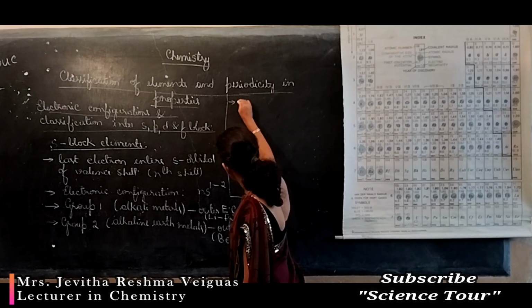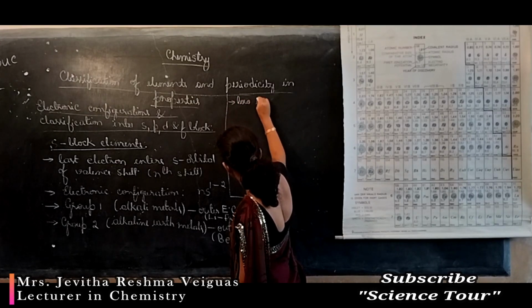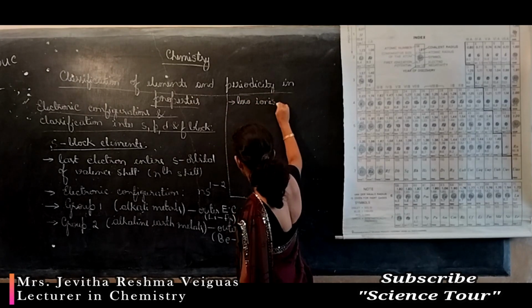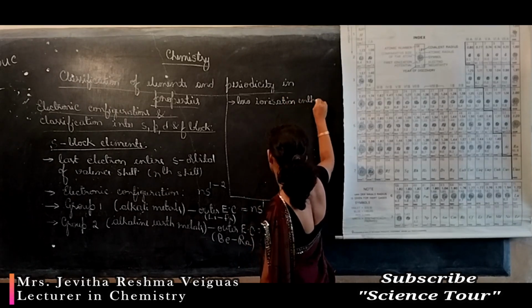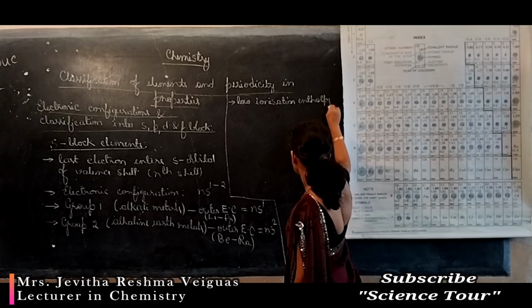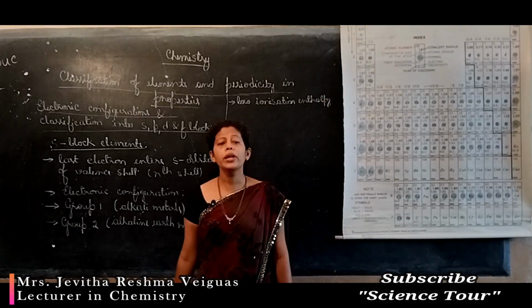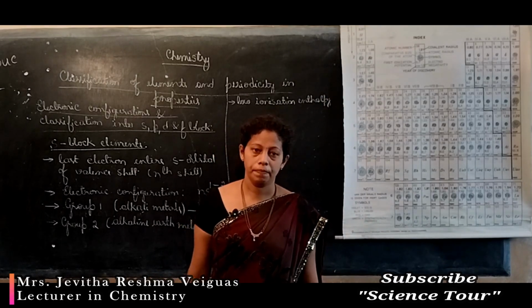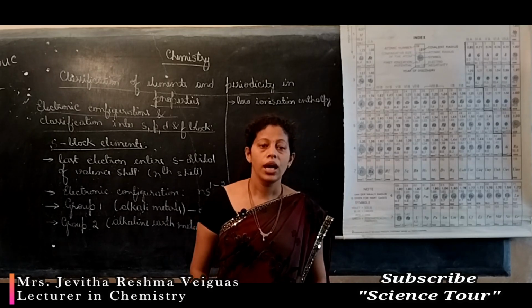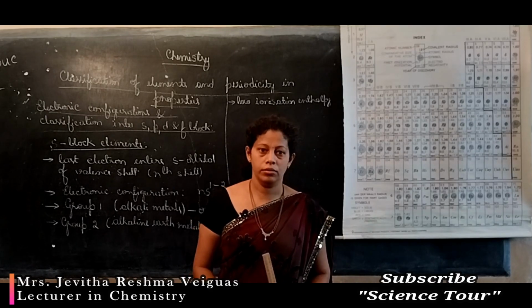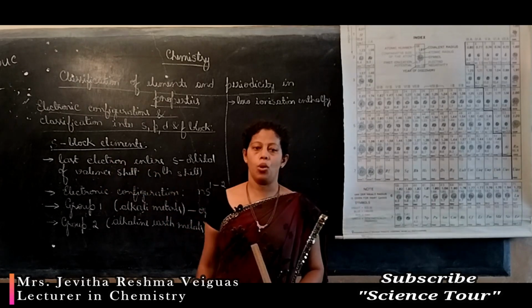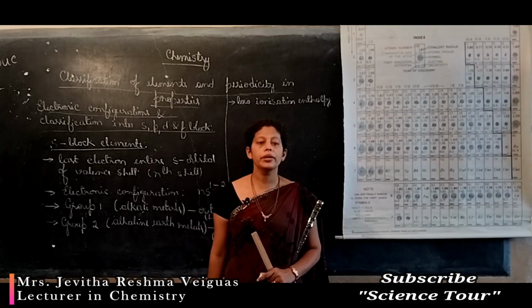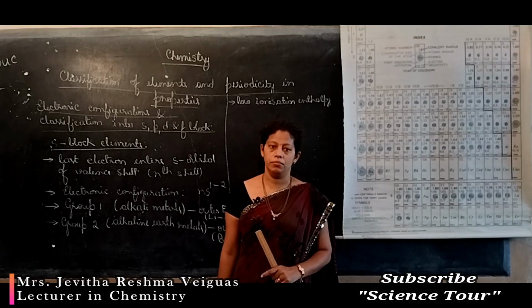They have low ionization enthalpy. All these have low ionization enthalpies. What is meant by ionization enthalpy? It is the energy required to remove the outermost electron from a neutral gaseous atom.